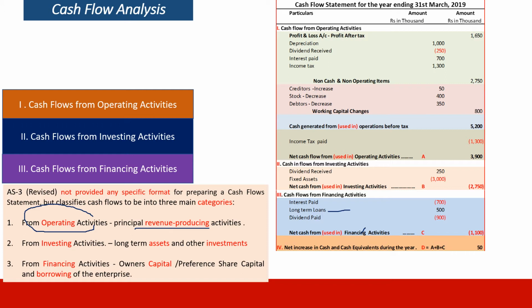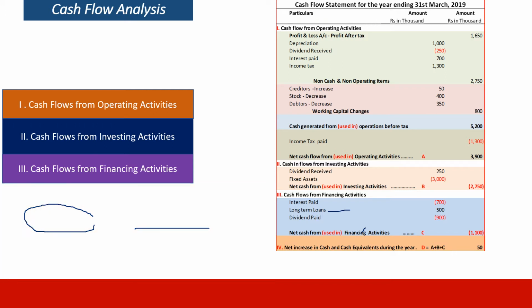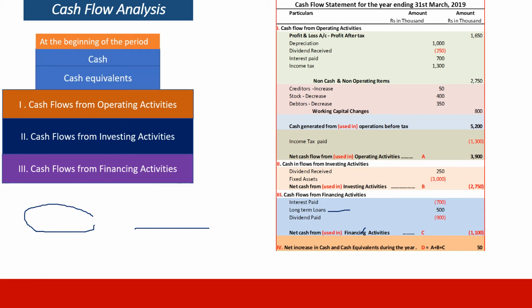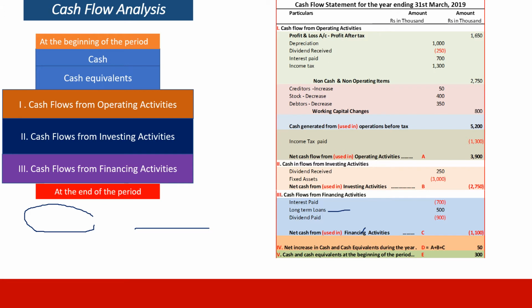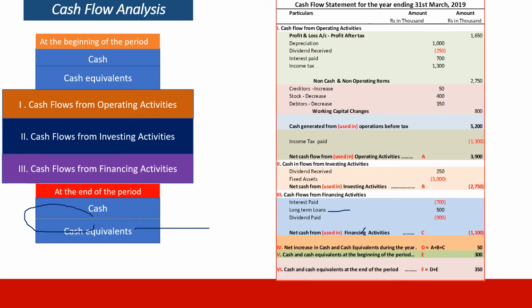Net increase from these three activities is summed up and we put the opening cash balance, to find out what should be the closing cash balance as per this statement. And this is how the template piles up. Let us go further.